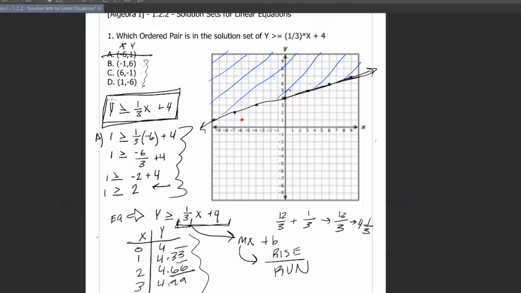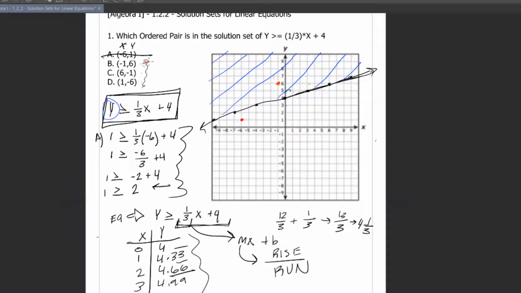Why? Because we are looking at y. We are saying the y values are greater than or equal to this number, this equation, sorry. Okay, so let's go back and look at (-1, 6). Okay, that's a possibility, right? It's in that zone.